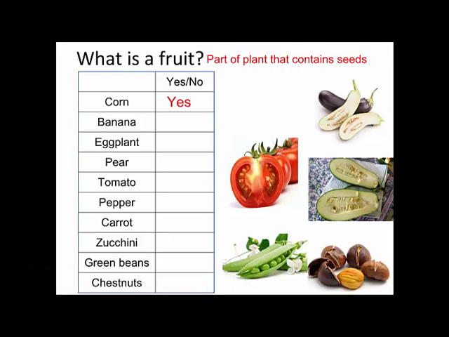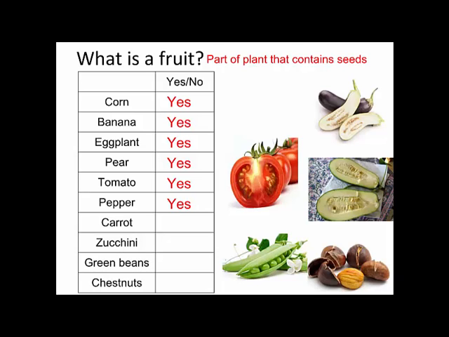Bananas? Fruit. Eggplant? Seeds in it? It's a fruit. Yep. Pears? Tomatoes? Peppers? Carrots? No. What is a carrot? Not a fruit.